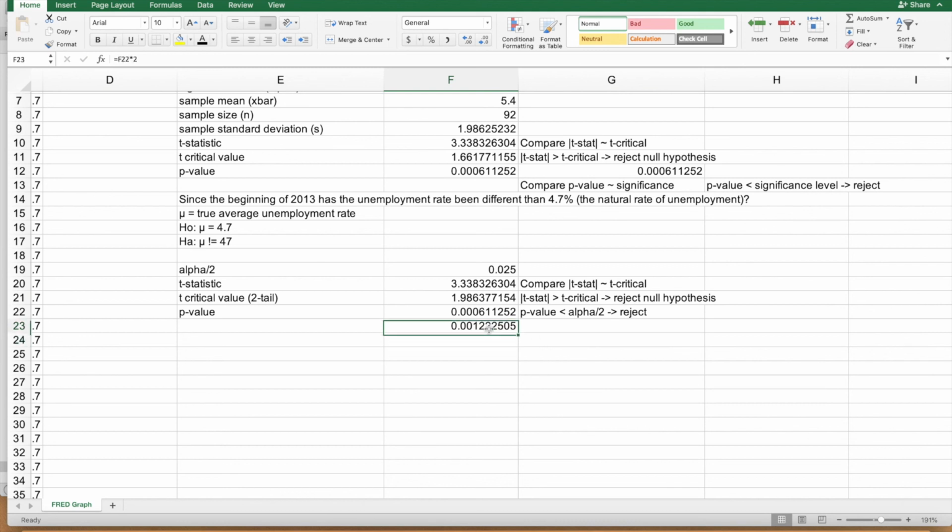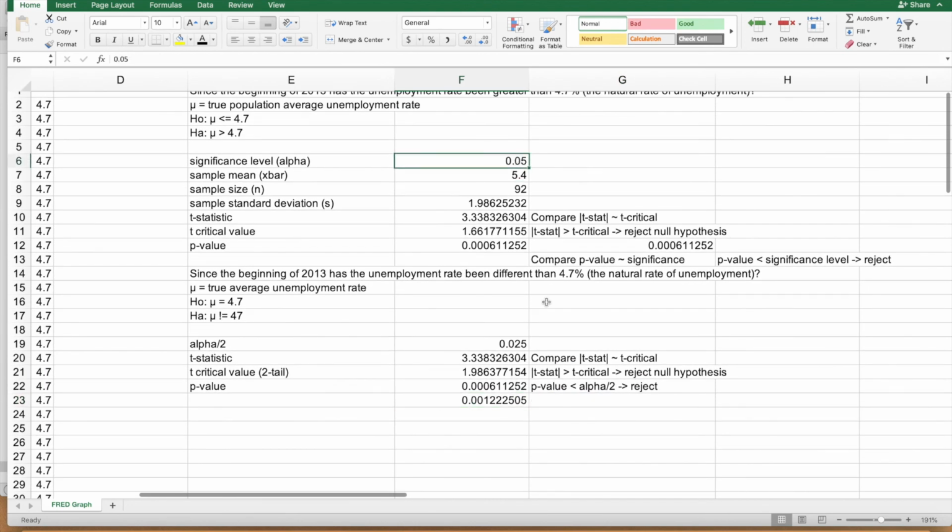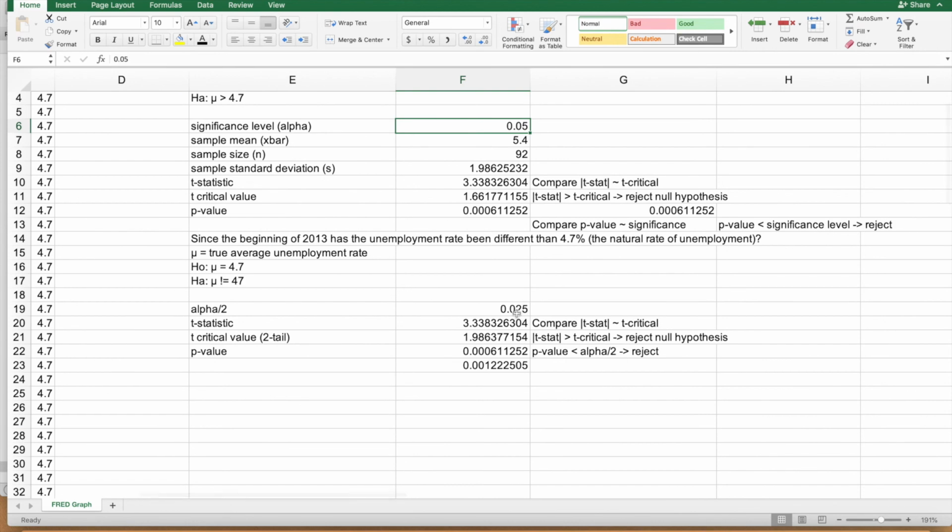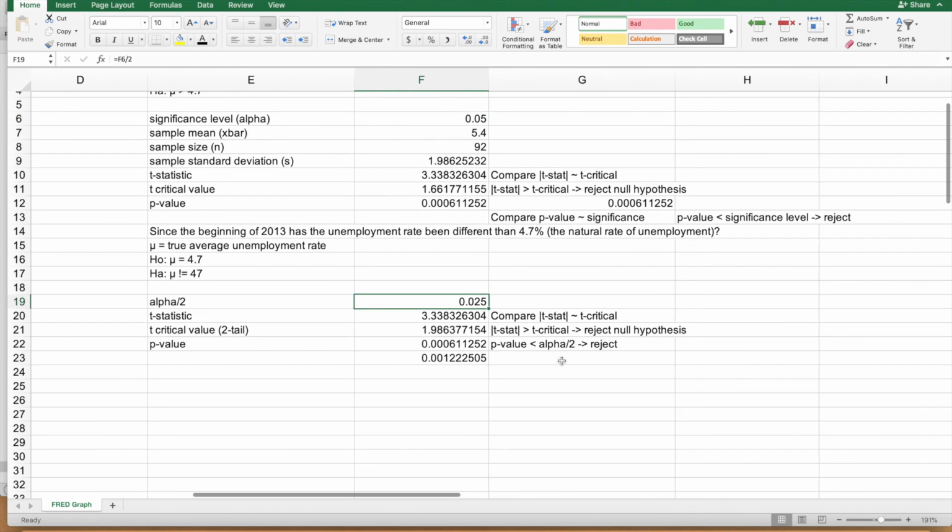And technically, oftentimes that's referred to as the p-value in a two-tailed test. You actually double the one-tailed p-value to get the two-tailed p-value. But this is the exact same math. Now we could compare this to 5% because instead of dividing alpha by 2, we multiplied our p-value by 2. That will always lead to the same result.